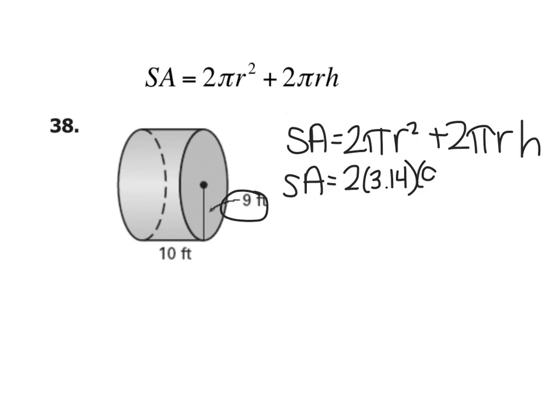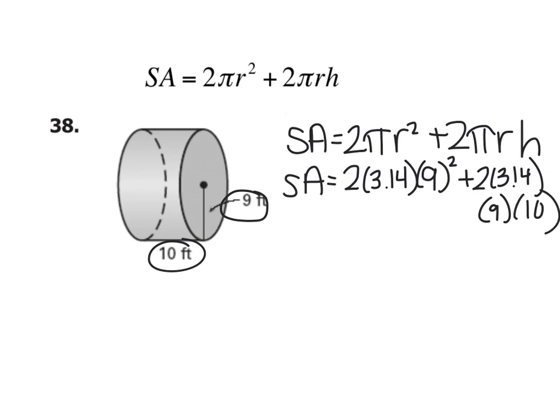So I'm going to have 9 squared plus 2 times 3.14, oops, I'm running out of room, times our radius of 9, and then our height, which is 10. So now we need to use our calculators to simplify.